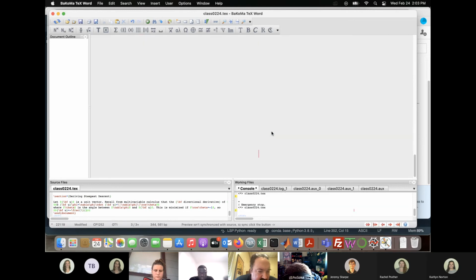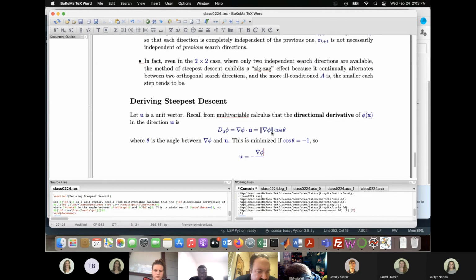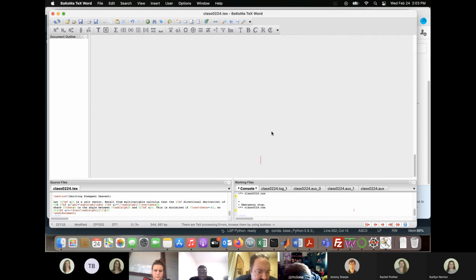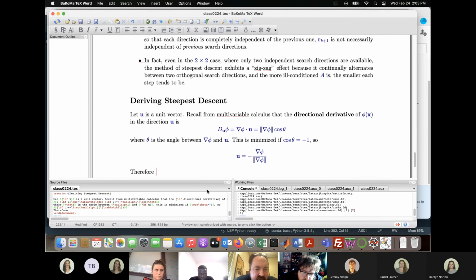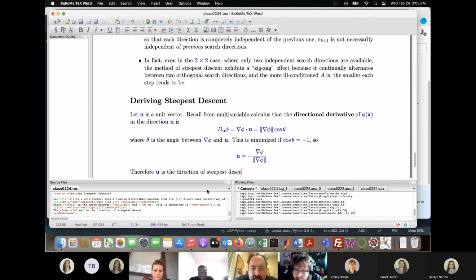So we choose u to be minus the gradient over its magnitude. Then the directional derivative turns out to be minus the magnitude. So that's the direction of steepest descent.